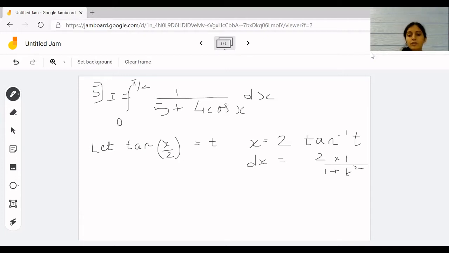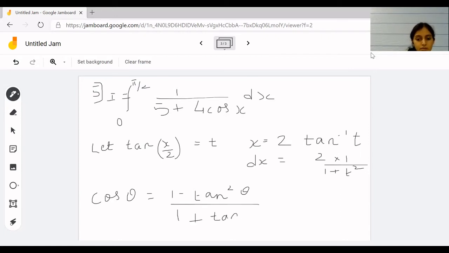Now we require the substitution for cos x. So how would we know? We should know the formula for cos theta. It is 1 minus tan square theta upon 1 plus tan square theta.